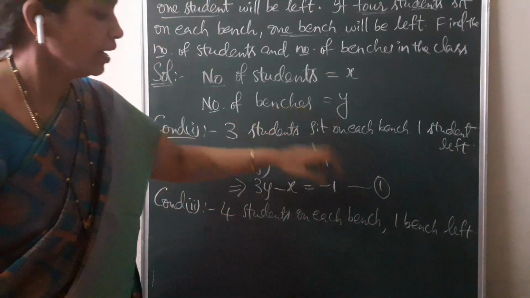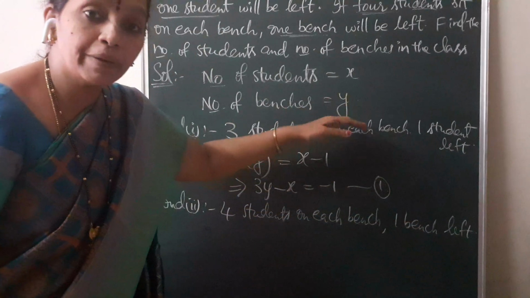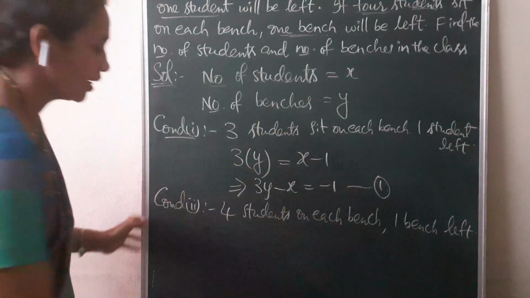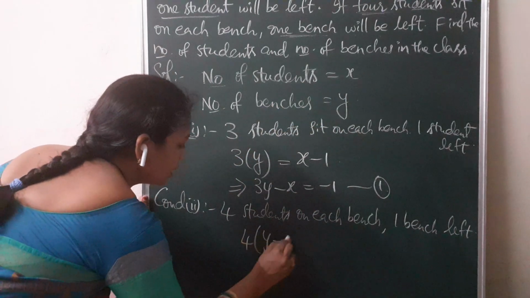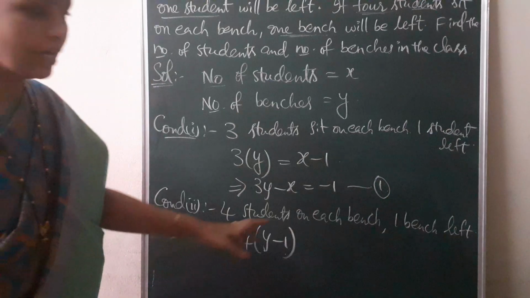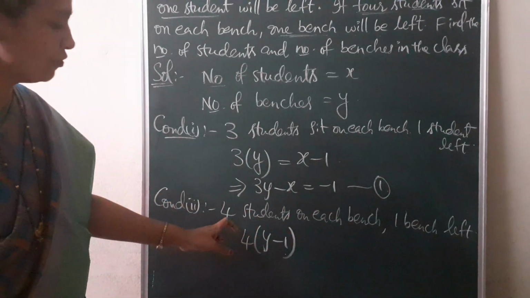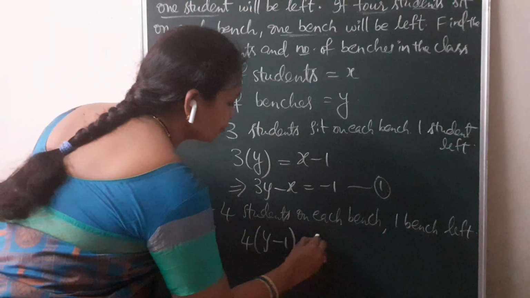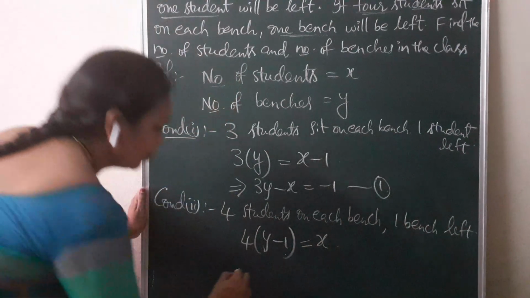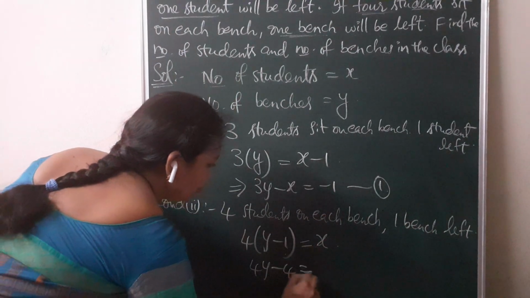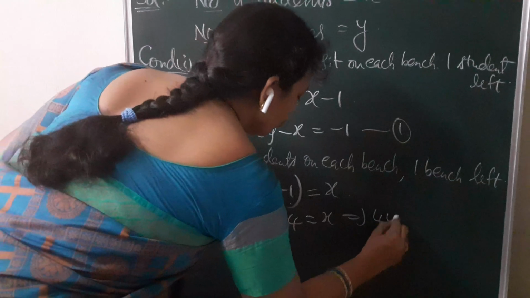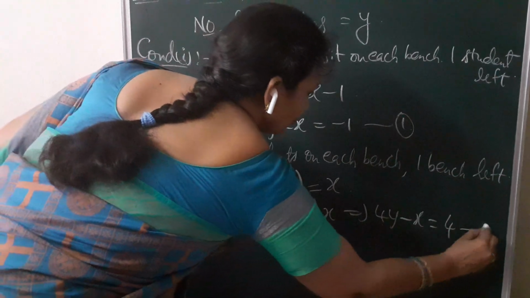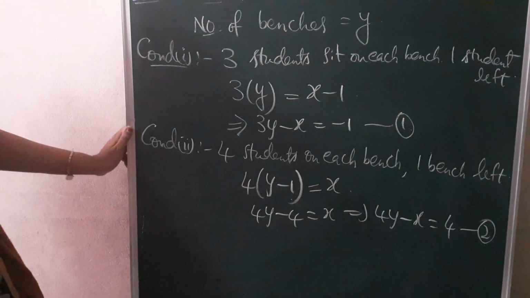Total benches are y. One bench left means y minus 1 benches are occupied by the students. So 4 of y minus 1 you have to write. Y minus 1 benches are occupied by 4 students each, so the number of students will be tallied. So 4y minus 4 is equal to x, which implies 4y minus x is equal to 4. That is the second equation.